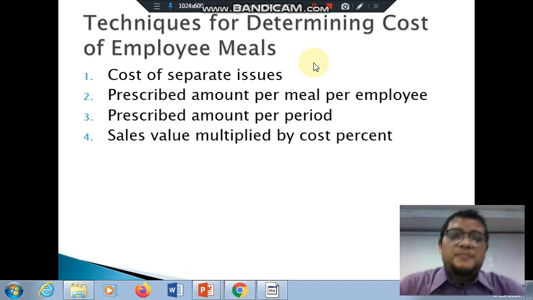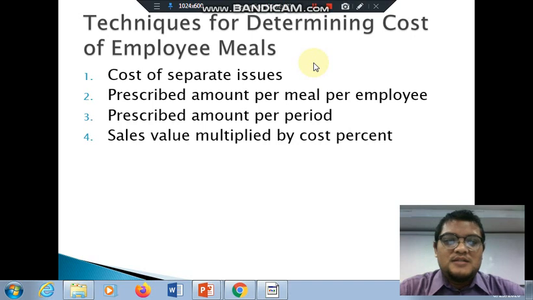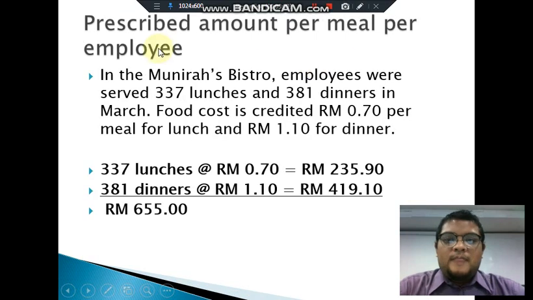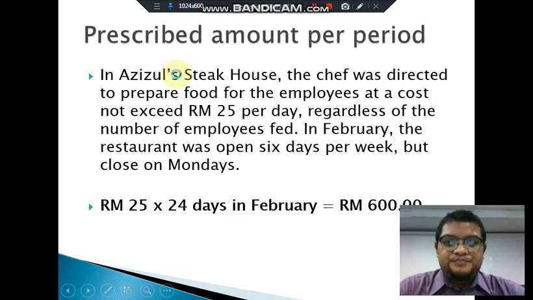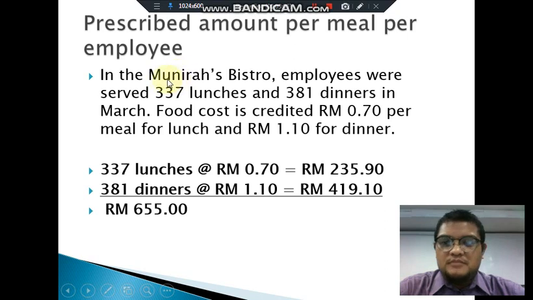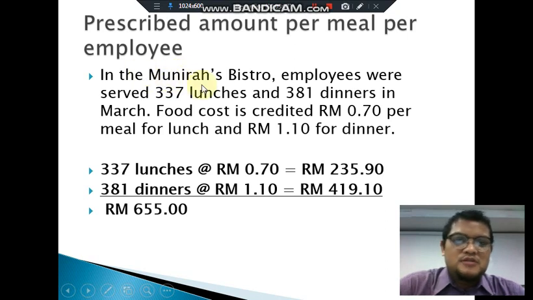Number two is prescribed amount per meal per employee. Guys, what does it mean? Let us go straight to the example. In Munira Bistro, employees were served 337 lunches and 381 dinners in March.